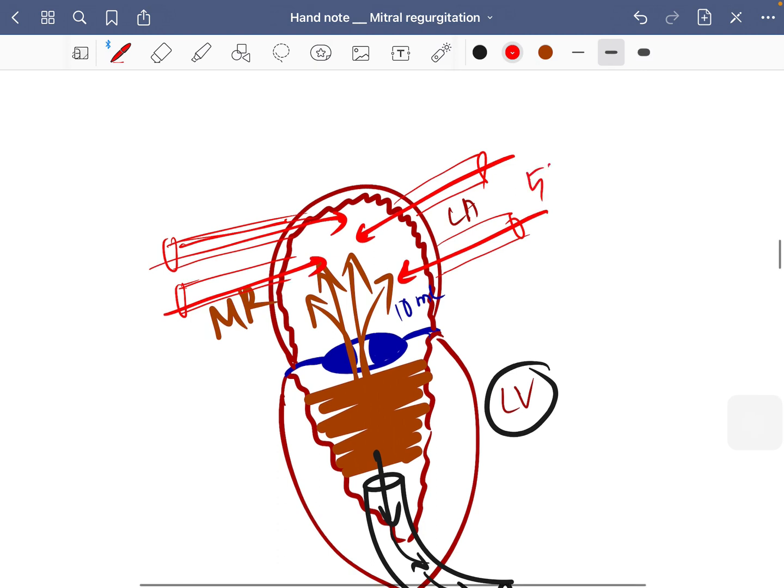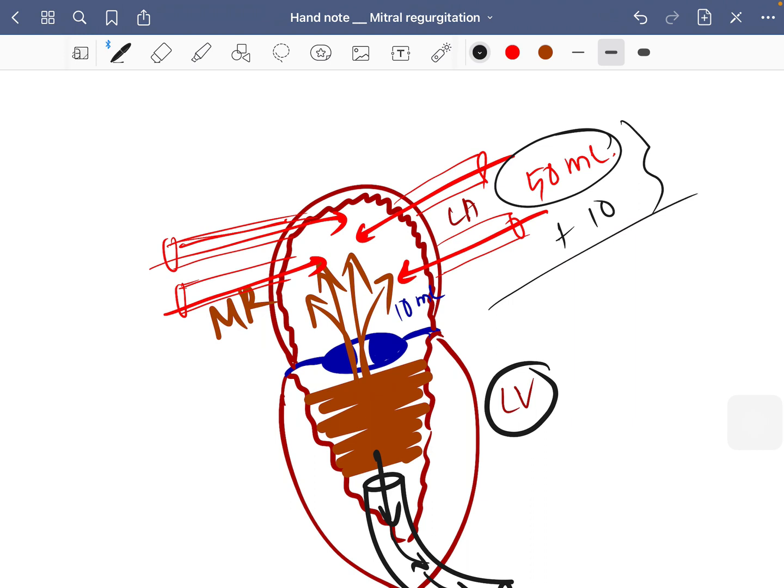Suppose it is 50 ml. The actual amount of blood in the left atrium is this 50 ml plus the backward 10 ml, so the total is 60 ml.